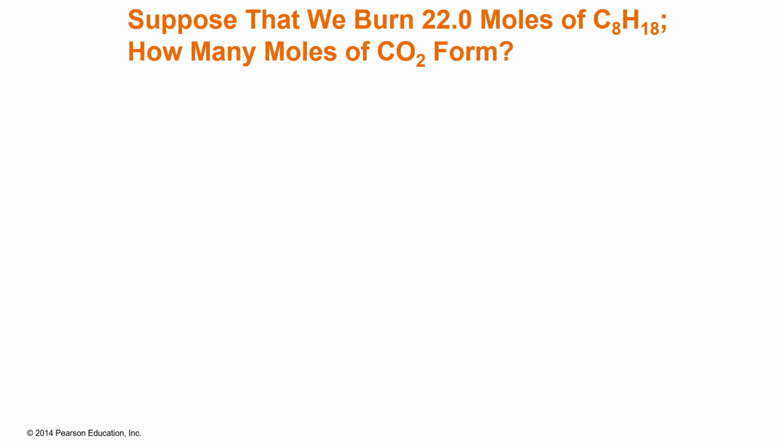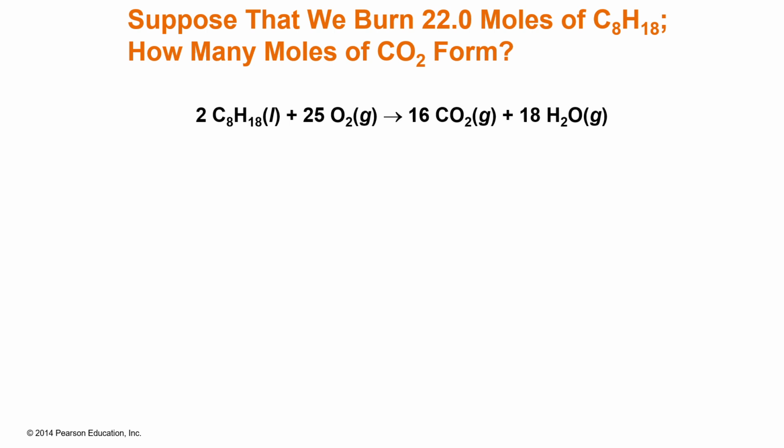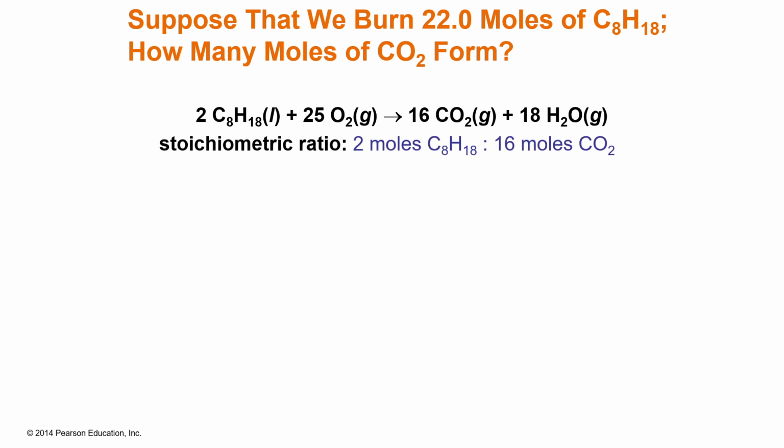How many moles of CO2 are formed? Again, let's look again at the balanced equation. And remember that there is a stoichiometric ratio of 2 moles of reactant, I'm going to go ahead and call it octane because it's easier to say, to 16 moles of carbon dioxide.